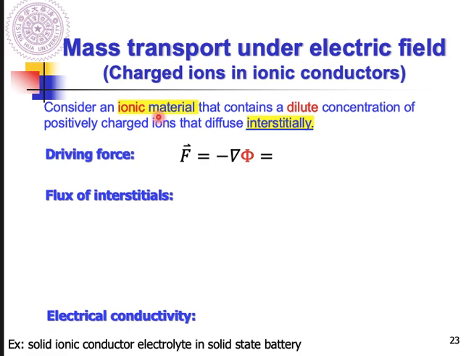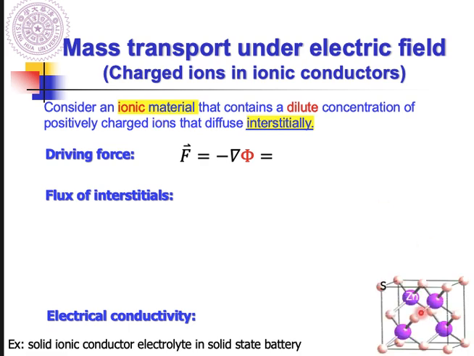So we have an ionic material. Let's take zinc sulfate as an example. Zinc sulfate is an ionic material, and in this ionic material, we also have a copper ion at the interstitial site. Then we are going to apply the electrical field on these materials.